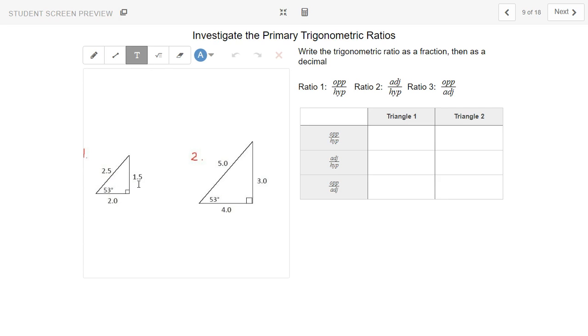That means that my 1.5 is the opposite, the 2 is my adjacent, and 2.5 is my hypotenuse. Similar with triangle number 2, I have the adjacent, opposite, and hypotenuse.